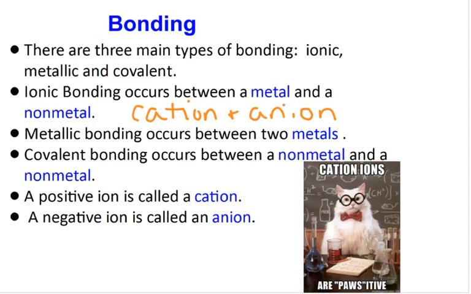Now remember, cations are positively charged, anions are negatively charged. Cations have lost electrons, anions have gained electrons. Metallic bonding occurs between two metals, and then covalent bonding occurs between two nonmetals. So we're going to go into greater detail about each type.